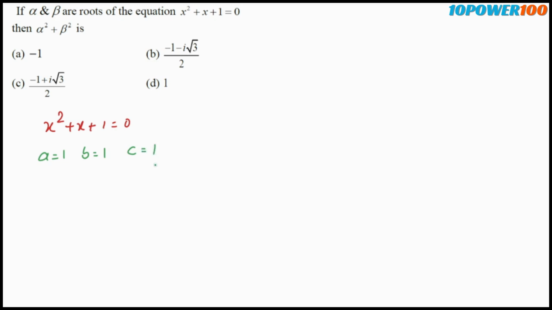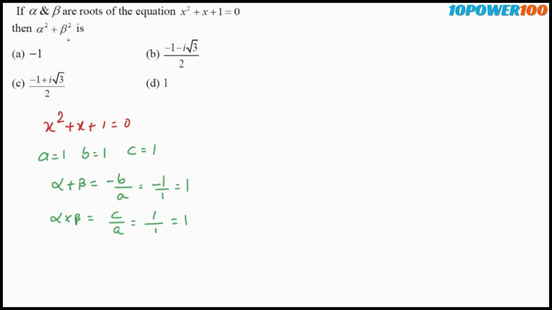Now we have to connect it back to grade 10 mathematics, the sum of zeros and product of zeros. Sum of zeros, alpha plus beta, is equal to minus b by a, so we get minus 1 by 1, that is nothing but minus 1. Next, alpha into beta is equal to c by a, which is 1 by 1 is equal to 1.